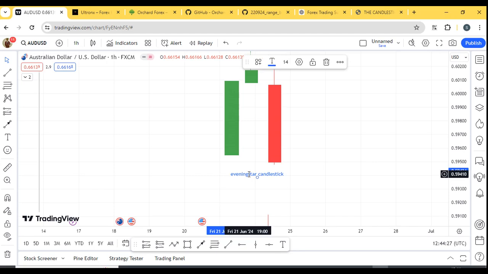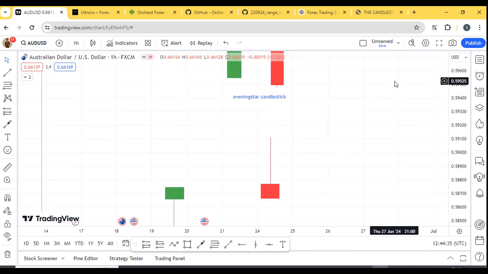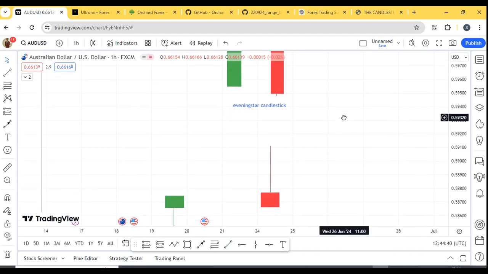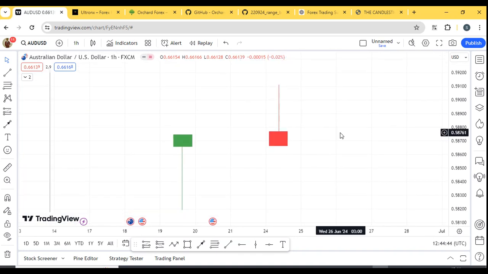So the next candle we'll be talking about is a hammer, or a representation called a pin bar.